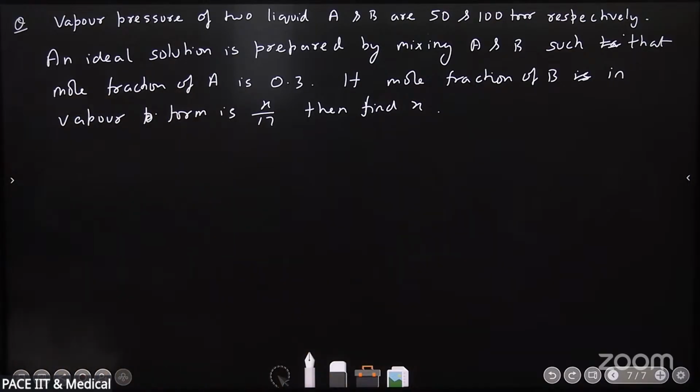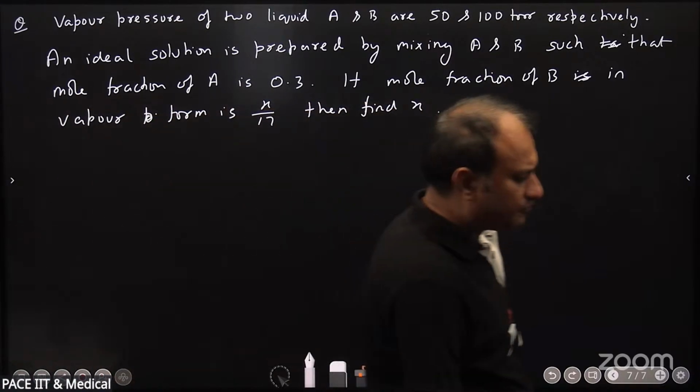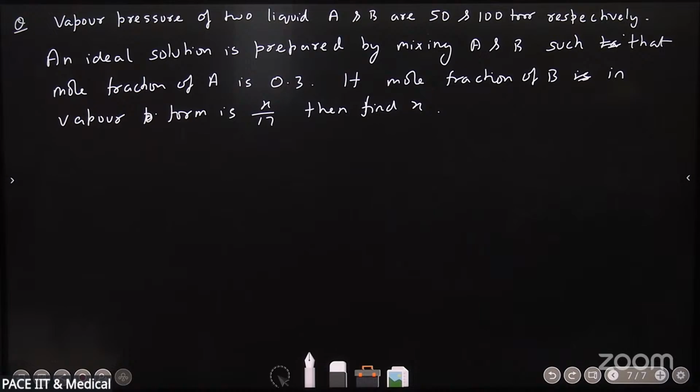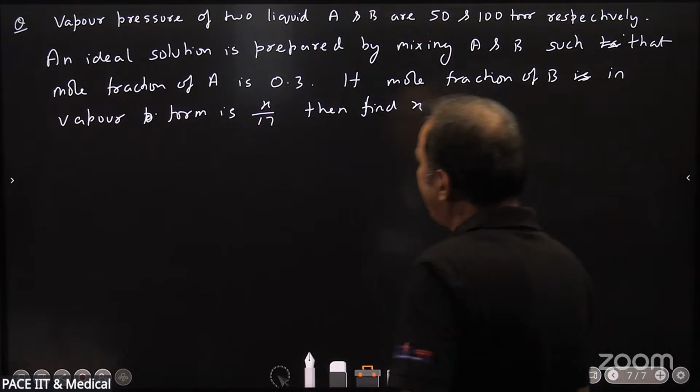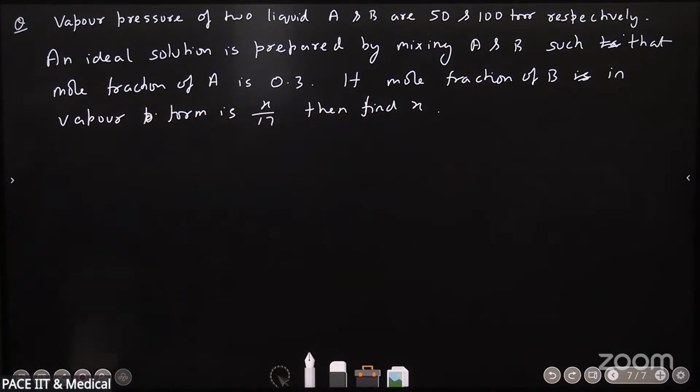So try to see this problem. You can see these similar type of problems are coming again and again. We have to be just quick in such problems. Again, mole fraction of A is given in liquid solution.